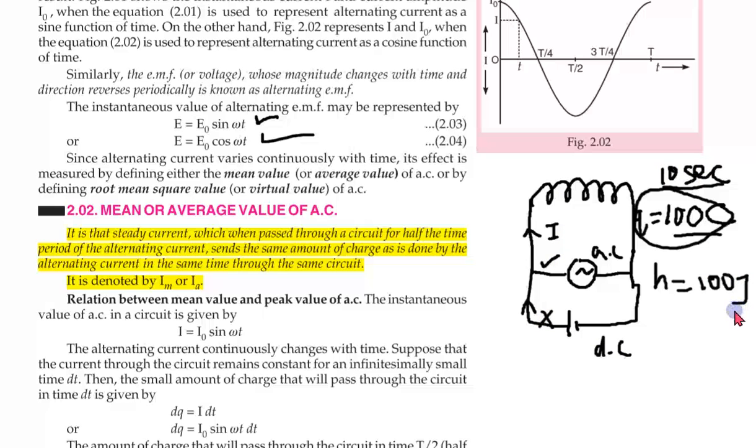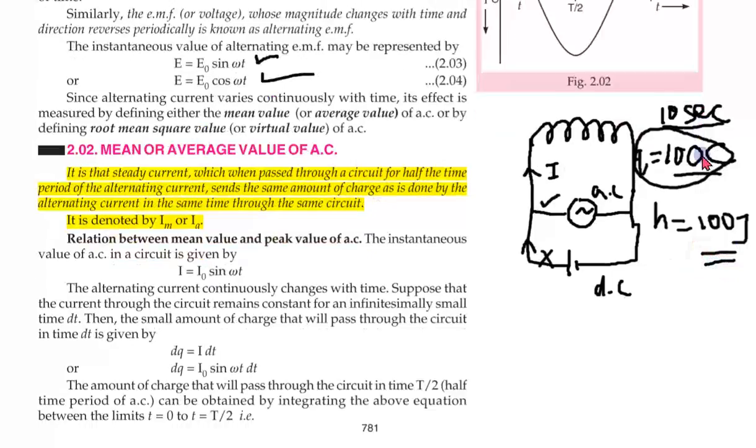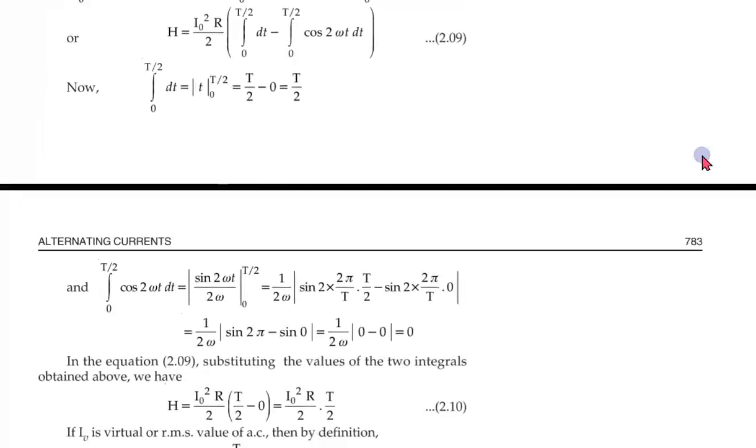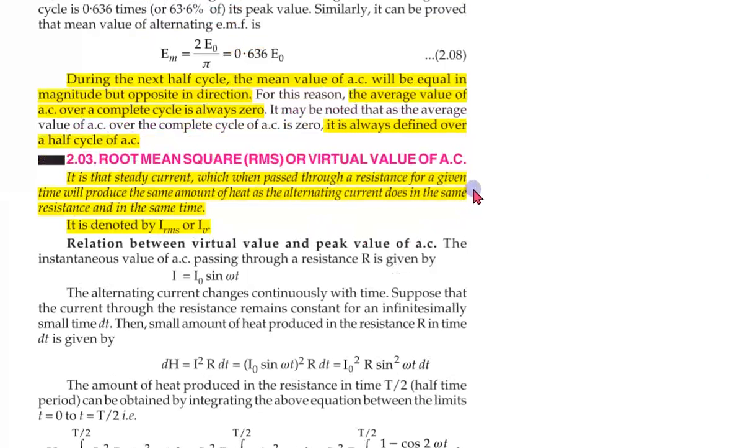Now I'll disconnect the DC source and connect the AC source to this coil and pass the current for 10 seconds. Then the amount of current needed to produce 100 joule of heat for 10 seconds is called the root mean square value of AC.